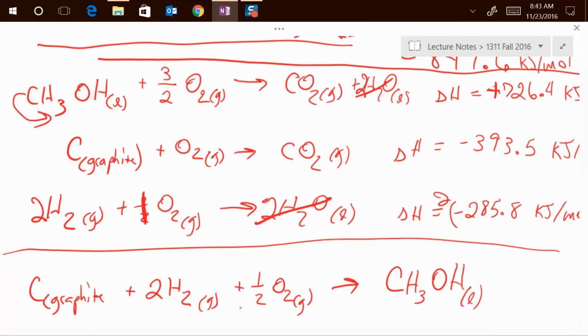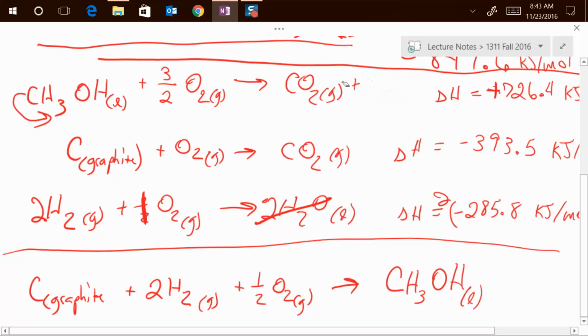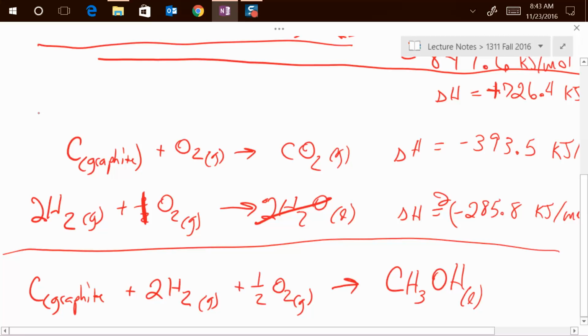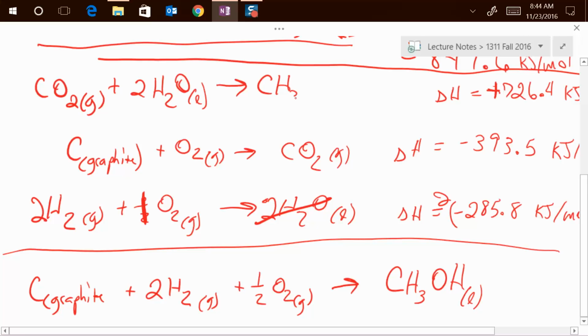Okay, so I'm going to rewrite this equation because I think this is the thing that's really getting us in a mix up. So that's going to be carbon dioxide gas plus 2H2O liquid is going to produce CH3OH liquid.